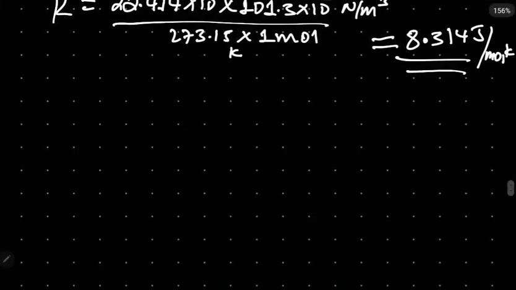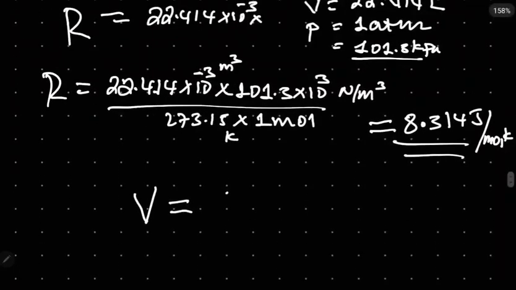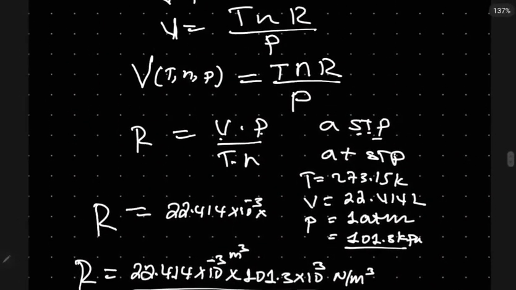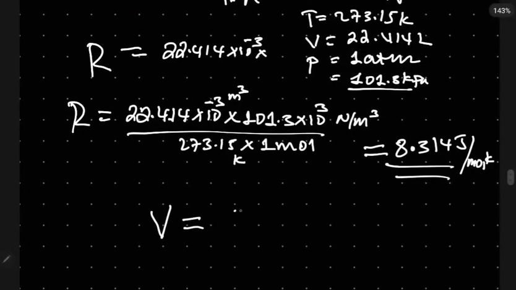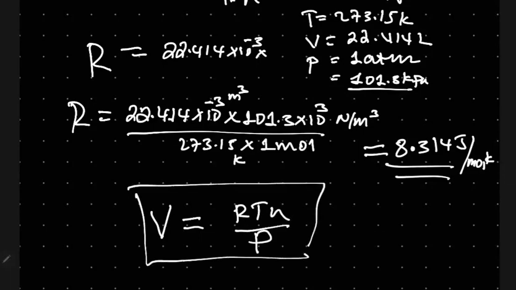Now we have the universal gas equation, in which the volume of a gas is equal to temperature times number of moles times R, or you can say RTN over P. This is how the volume of a gas is changing.